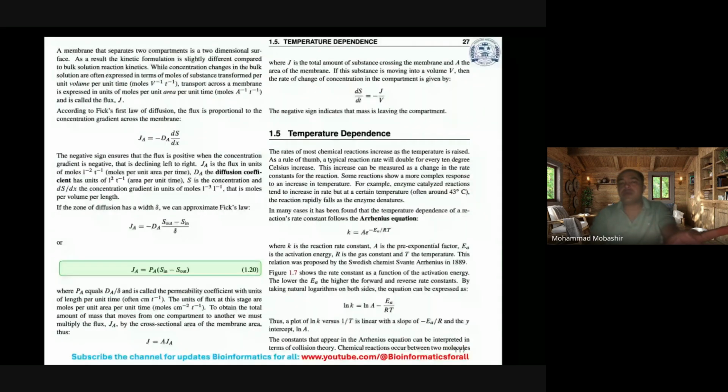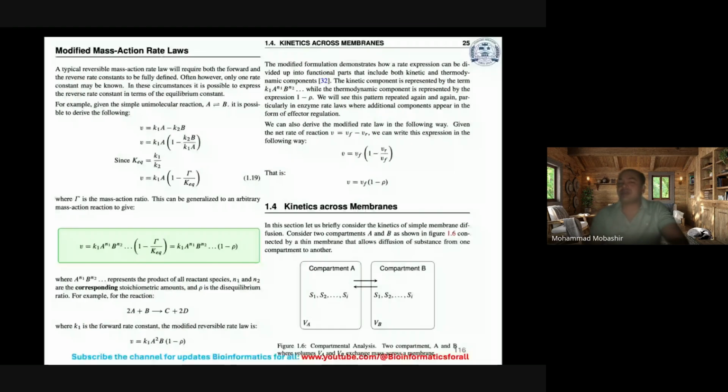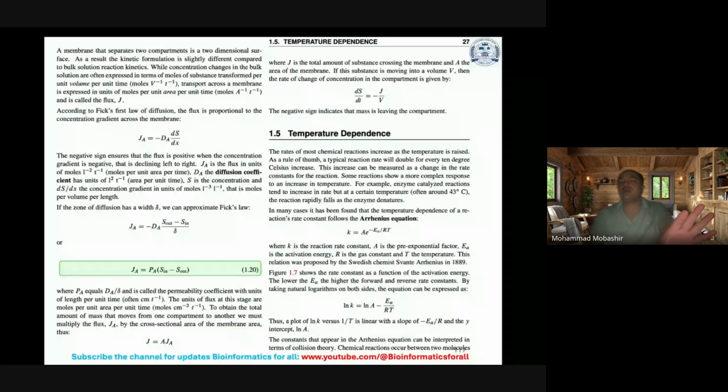So here you need to think about the system, what are the factors affecting it, and how you are going to write them up. This depends on your understanding of the system. Now, how are you going to write the temperature dependencies? I'm not going to explain all these details, which you will be facing or writing while you are developing a mathematical model for signaling pathways or for metabolic pathways.